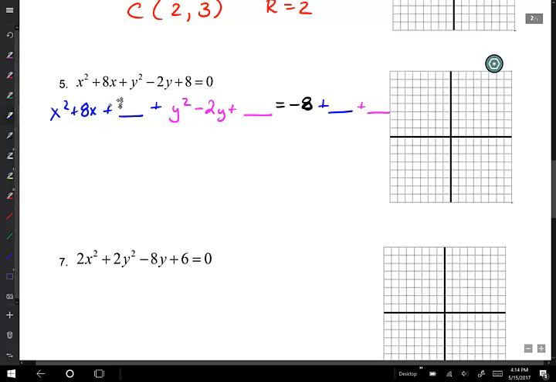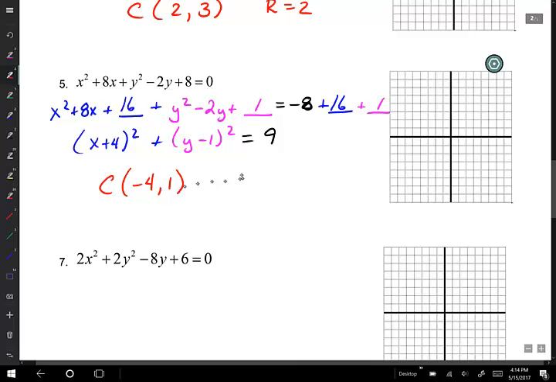Half of 8 is 4, squared is 16, so we add 16 to both sides. Half of negative 2 is negative 1, squared is 1, so we add 1 to both sides. That gives us (x plus 4) squared plus (y minus 1) squared equals negative 8 plus 16 is 8, plus 1 is 9, giving us a final result of a center of our circle at (-4, 1) with a radius of 3.